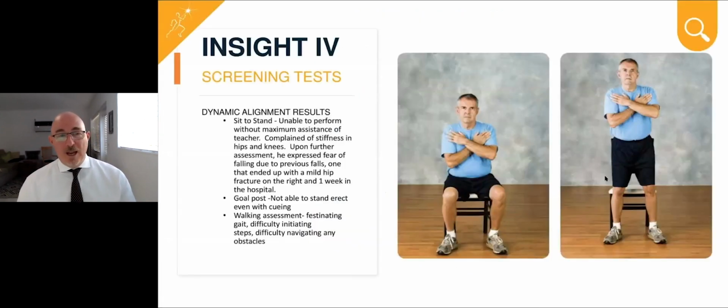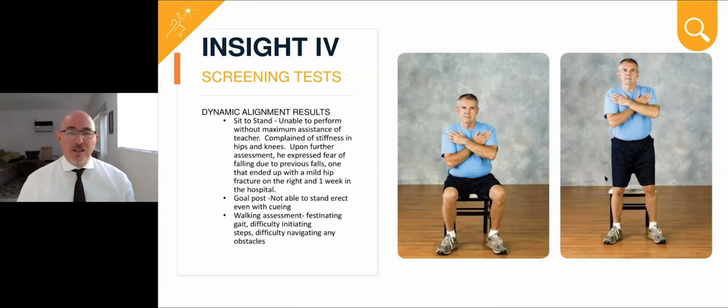So dynamic alignment results. We're looking at sit to stand, and he was unable to perform without a max assist. You notice I put sit to stand as my first test for him. With that max assist of the teacher, whoever was with him or his partner needed to help him with all of their might to get out of that chair. Now, that was not because he didn't have the strength.